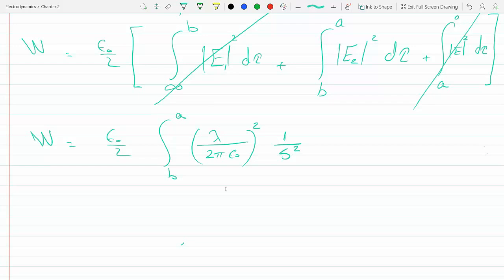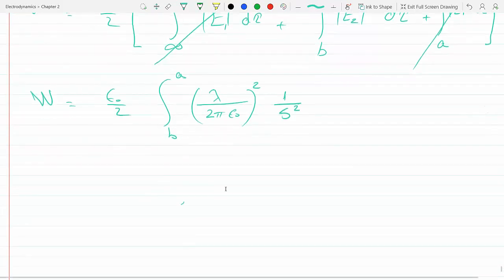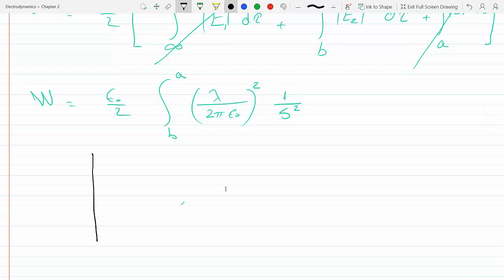Okay, here we go. Let's say that this is your axis. And let's take a piece of the cylinder.